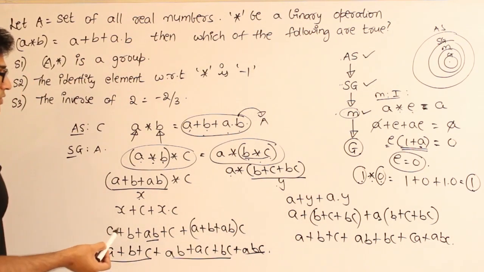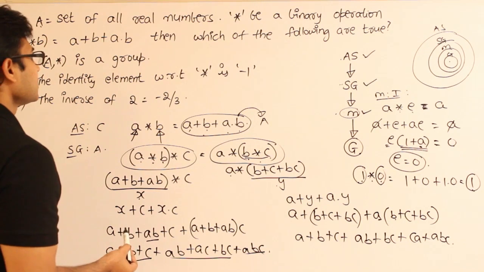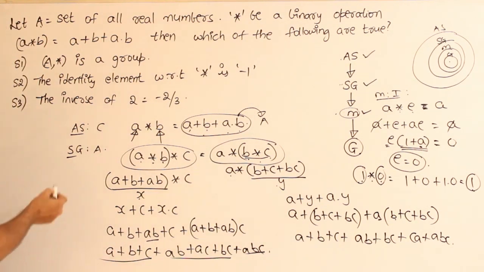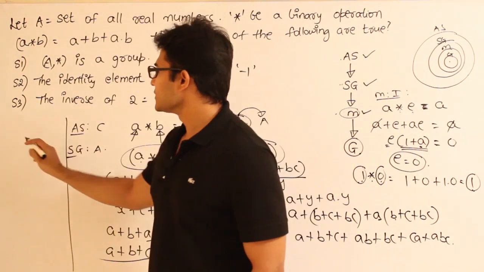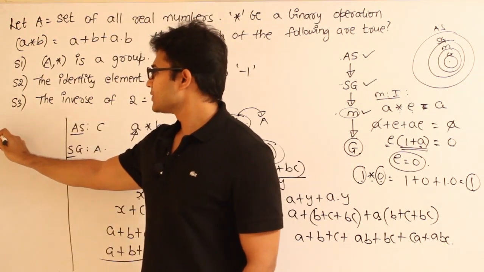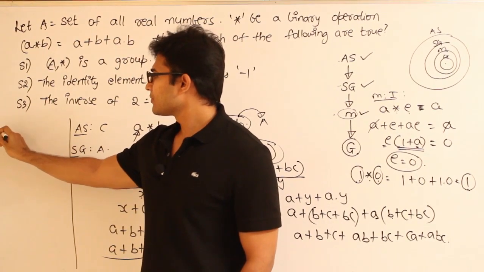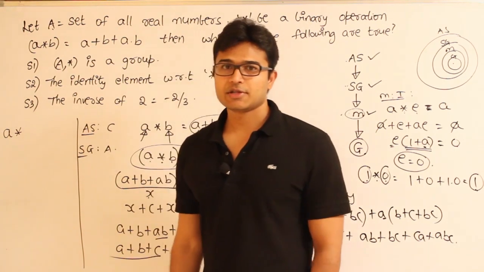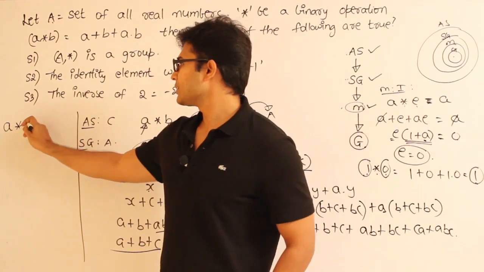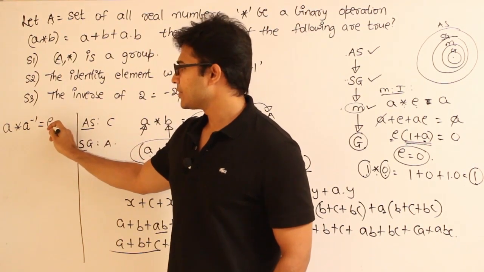So the last one I should check is the inverse property. Okay, so let's test it. So what is inverse? Now we are going to have this element, let us say a, and if I apply star operation with its inverse, let us say a inverse, then I am supposed to get the identity element.